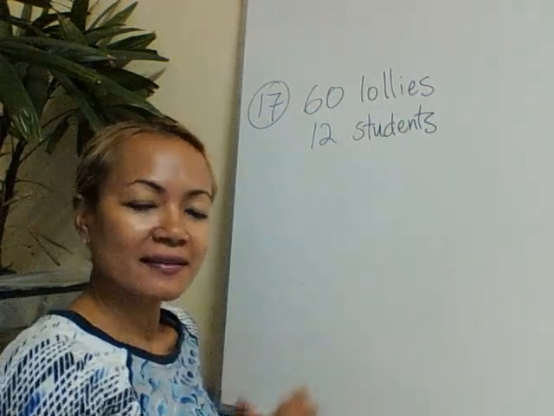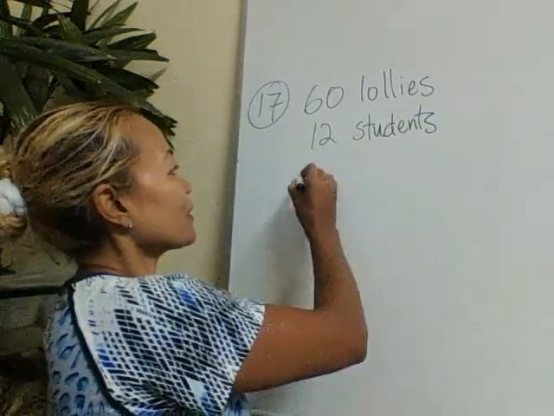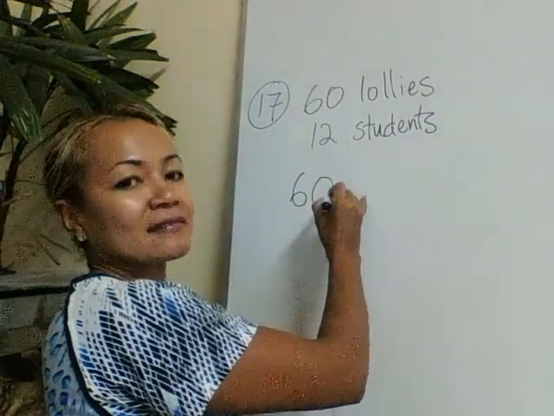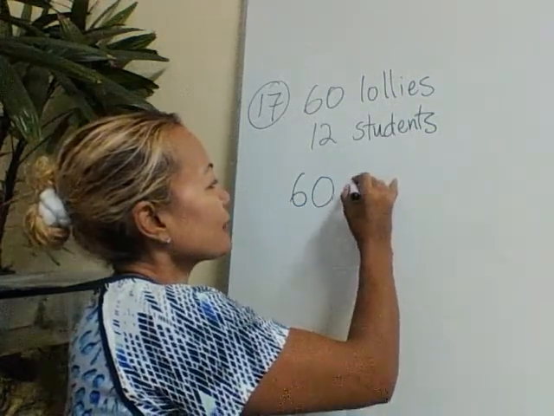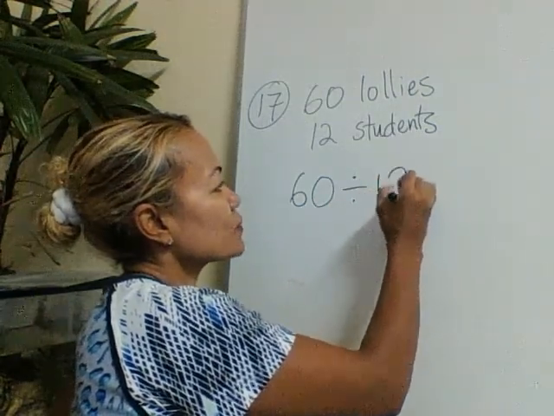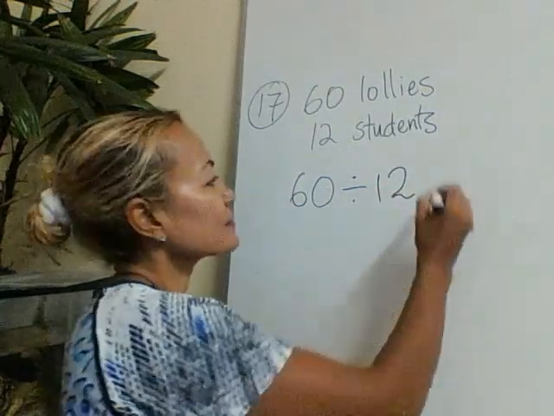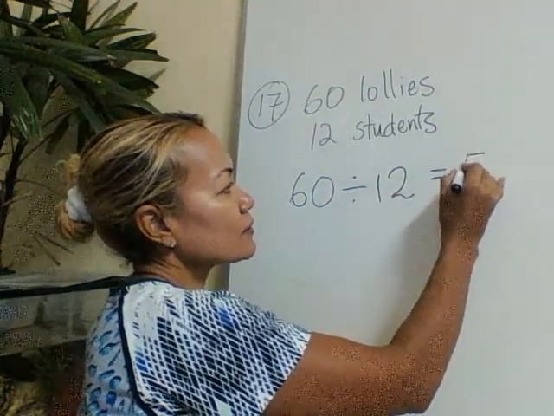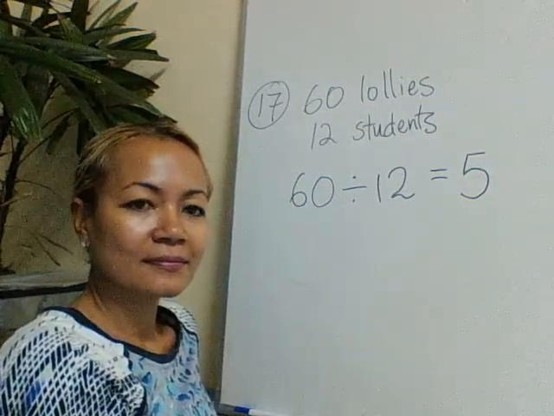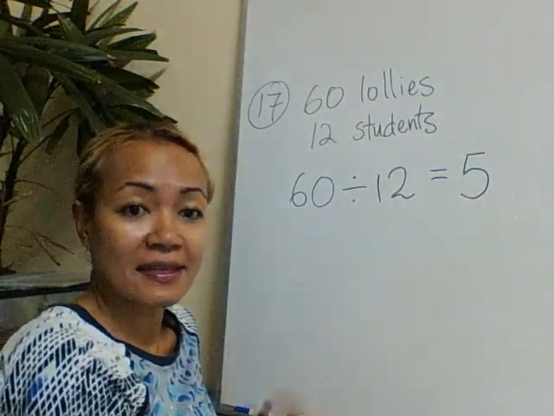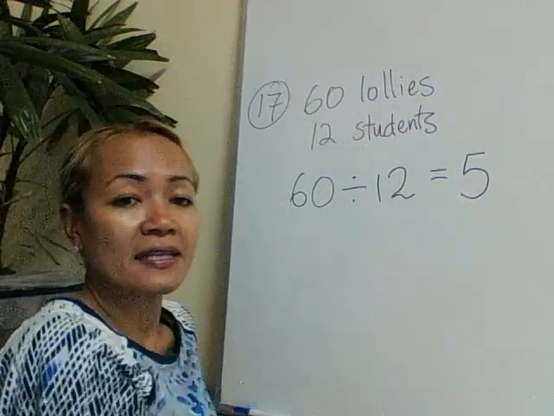So, exactly how you would think it, you've got 60 lollies, divided by 12 is equal to 5. Number sentence is an equation, so we've just written an equation.